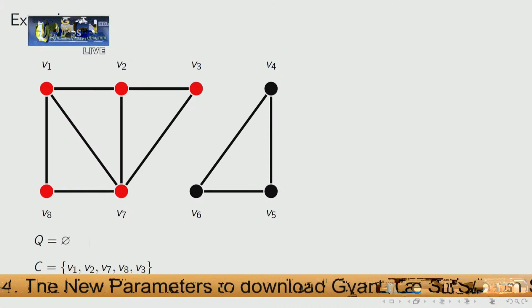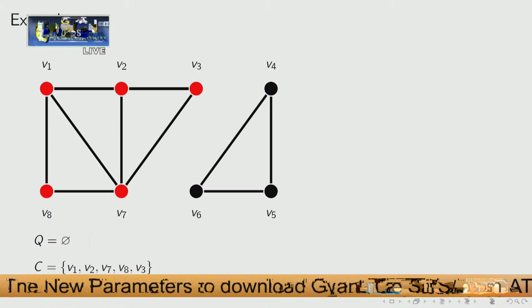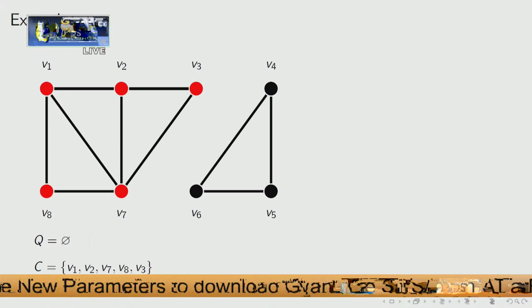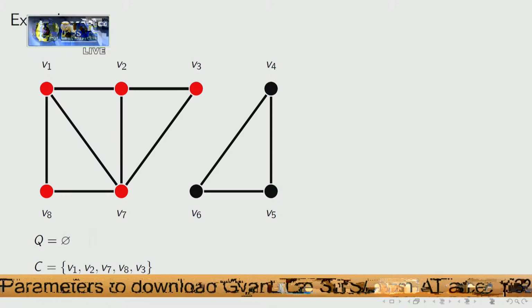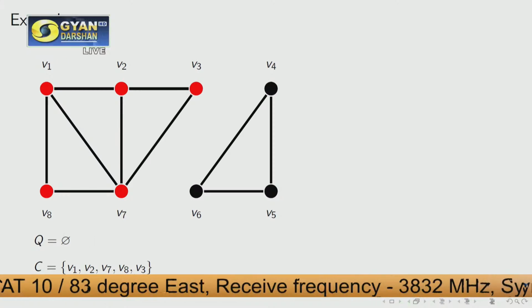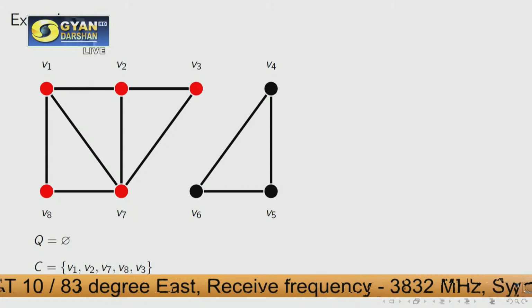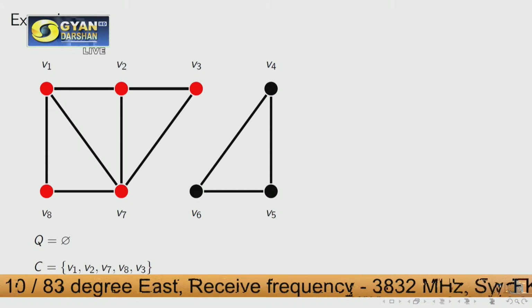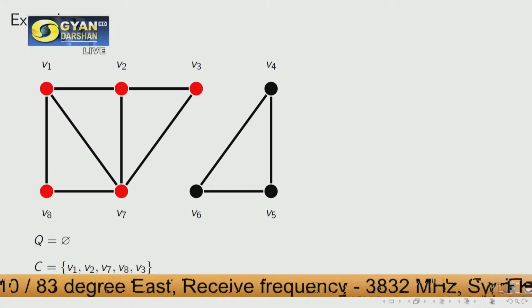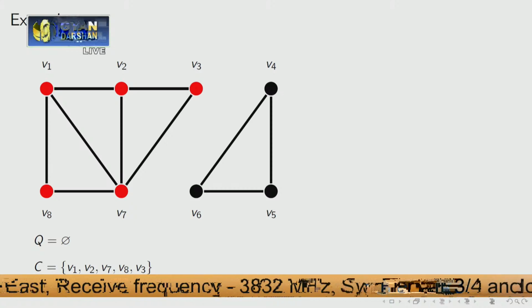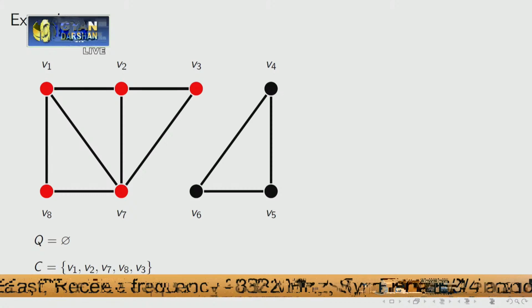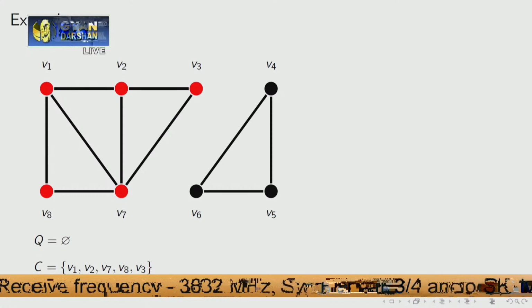So now Q becomes empty, and the current component contains the vertices V1, V2, V7, V8 and V3. We can print this component, but we can see that there are still vertices which are unvisited. So we have to pick another root vertex to find another component.